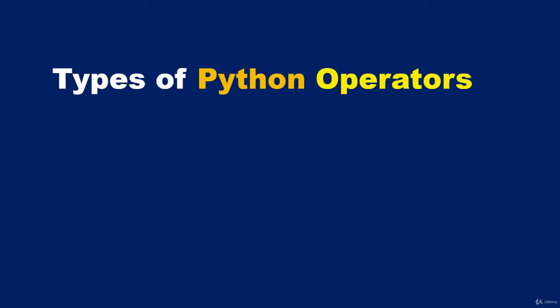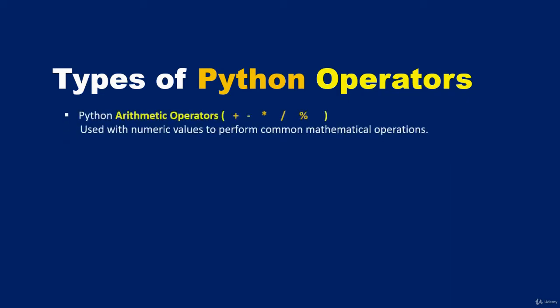The first one is the arithmetic operators. These are basically used with numeric values to perform common mathematical operations. They include addition, subtraction, multiplication, division, and this here is called the modulus operator.